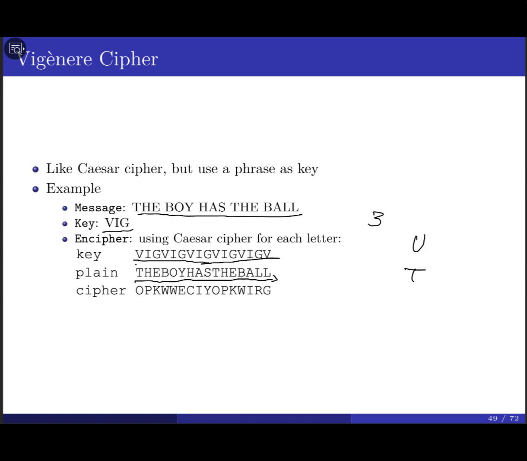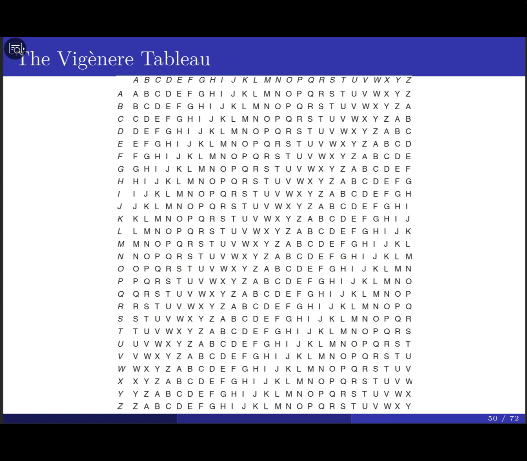Okay? Let's go to the table here. Either way is fine, by the way. I'm going to use the keyword letter and the plain text letter as the row index and the column index to help me find the right encryption and decryption. Either is fine, the keyword letter for the column or the row.